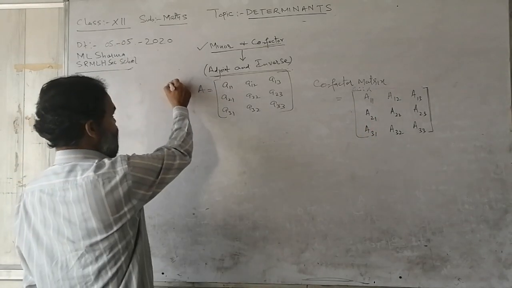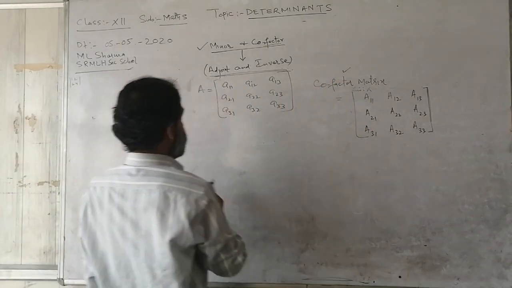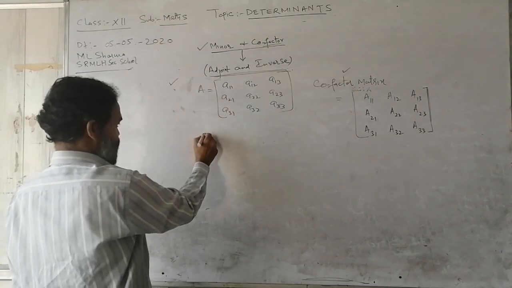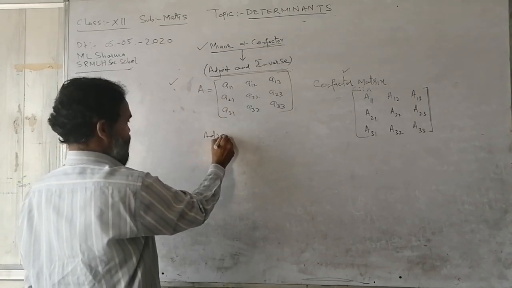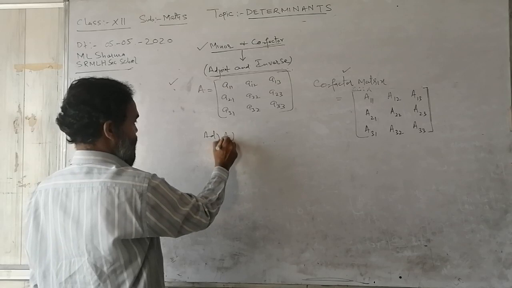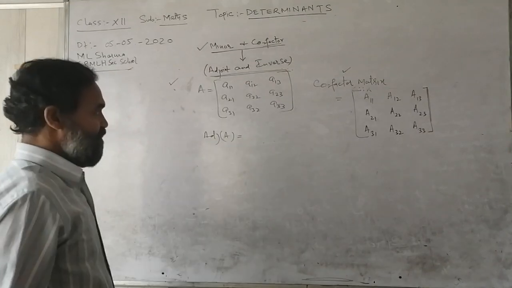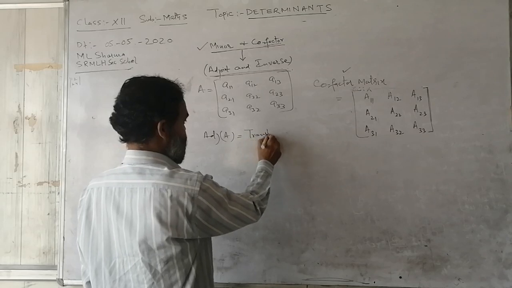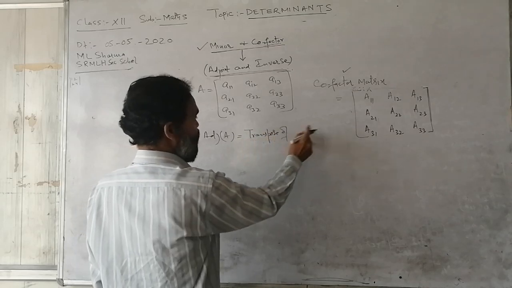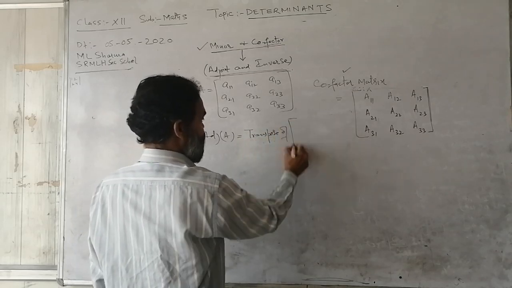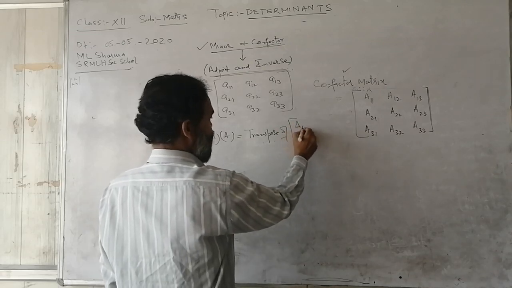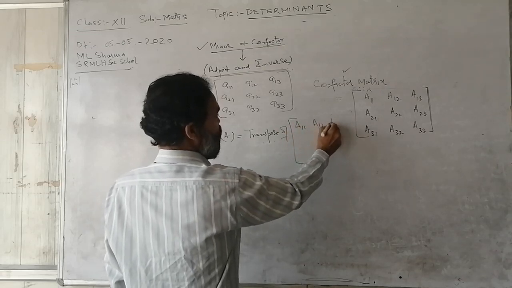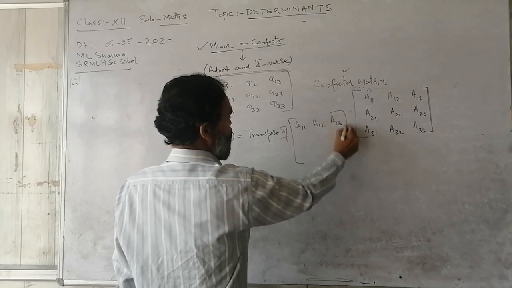So if I have to find the adjoint of A, the adjoint A will be equal to the transpose of this matrix. That is A11, A12, A13.